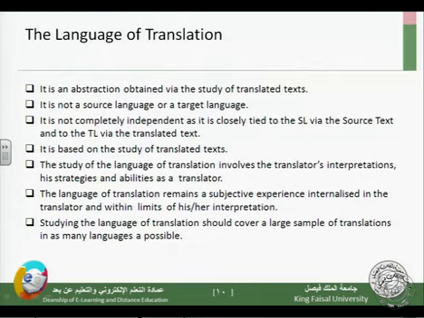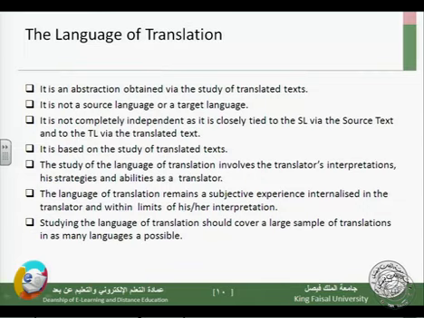The study of the language of translation involves the translator's interpretations, his strategies, and abilities as a translator. Now, what is the language of translation? It is the translator's interpretations and his strategies and his ability to translate. You can figure this out when you read the translated text, because it is something abstract.